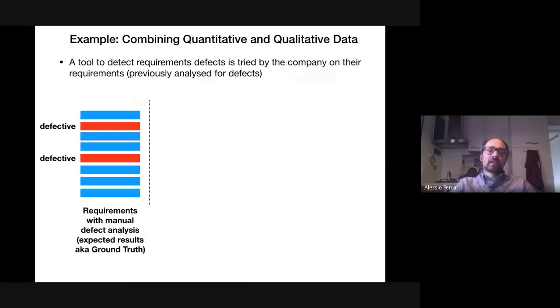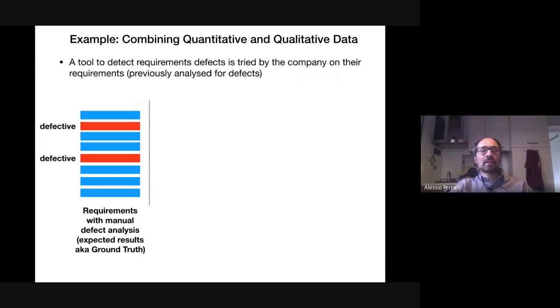So let's see our running example. We will follow this example for the whole lecture. And actually, it's an example that is combining qualitative and quantitative data. It's a very simple example, but you will see that it will lead to a very complex design and very complex outcome.